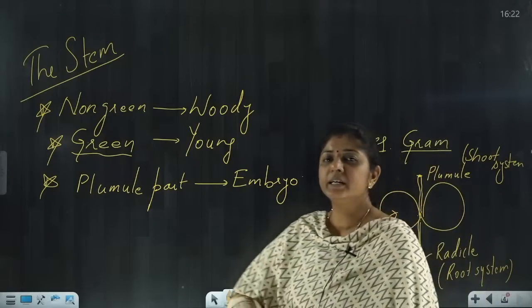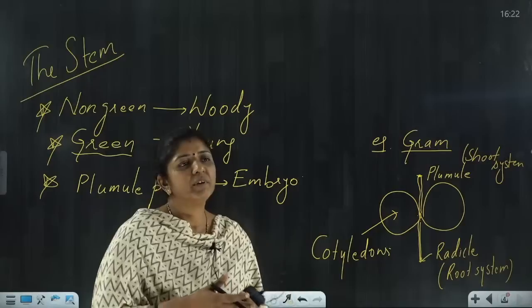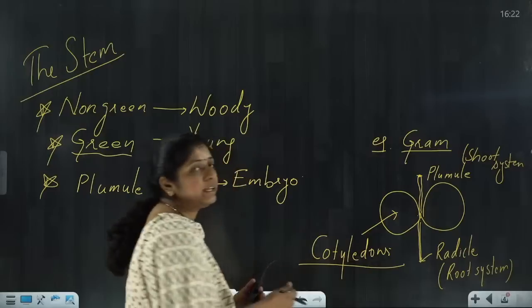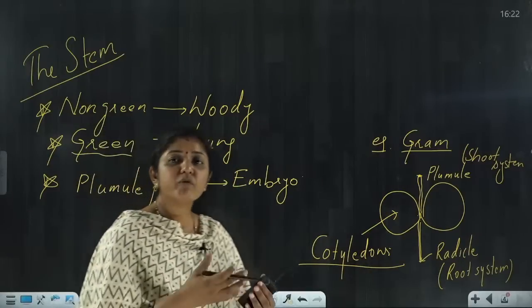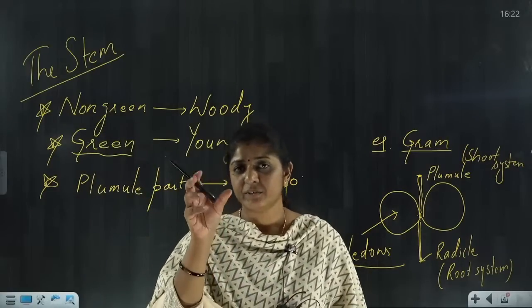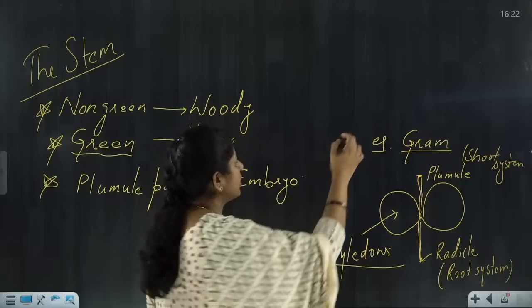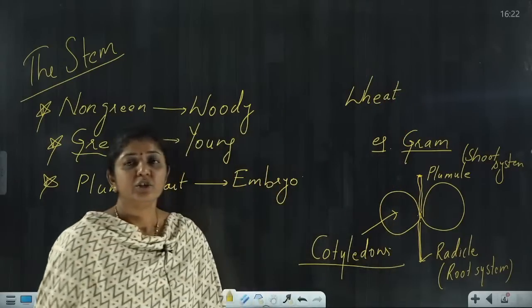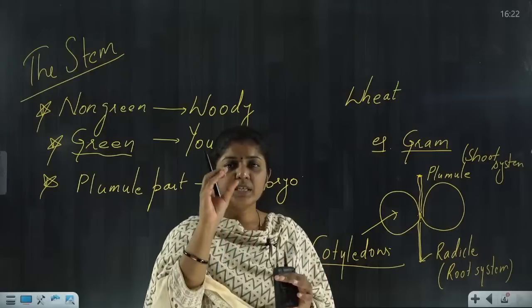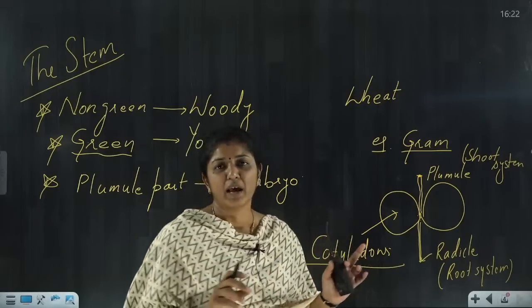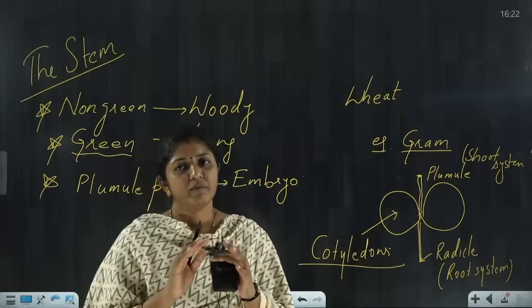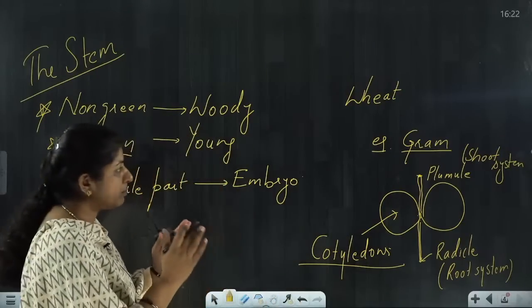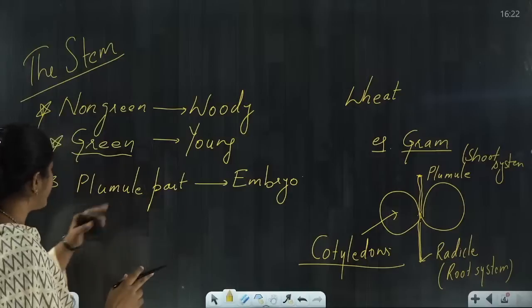We will discuss in detail later what cotyledons there are in a gram and what type of cotyledons there are in wheat or in rice. There is a difference in the seed of wheat and of gram. We will take that in description for your need level. Just now we are bridging the things together.